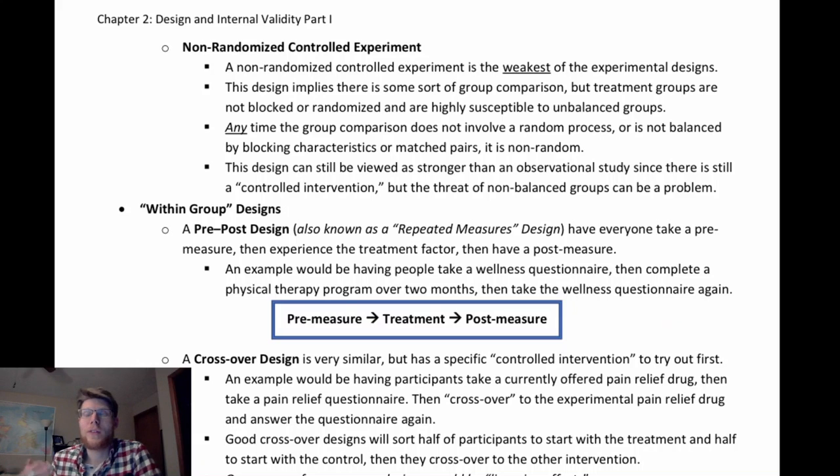So for example, let's say that I let people self-select into the group. Let's say I said okay, we have two groups. Which of these two things would you rather do? Well, I'm greatly compromising my design in that case, because people might self-select into a group for many reasons, and I might end up with unequal groups, where the people in this group look different than the people in this group.